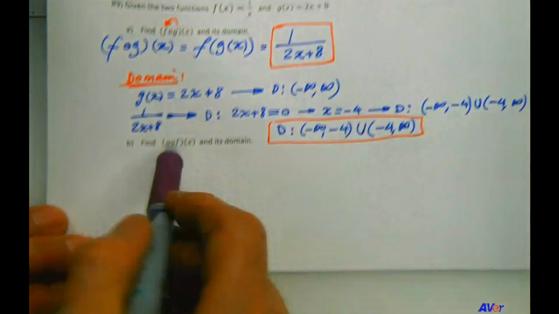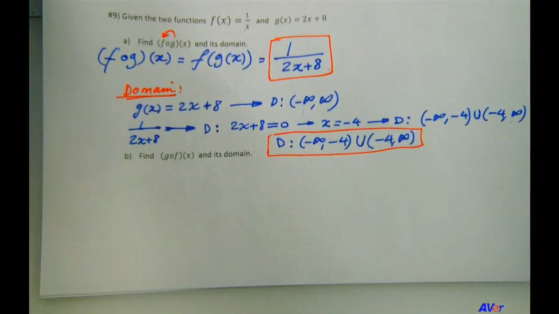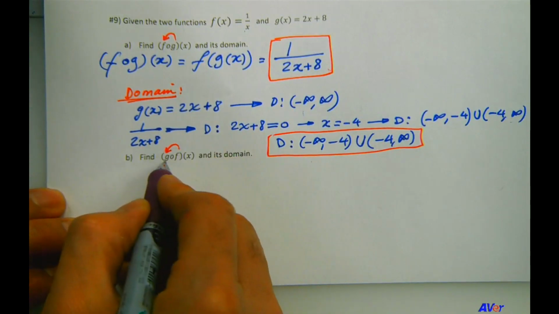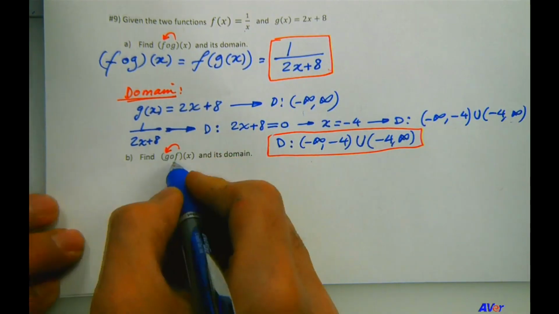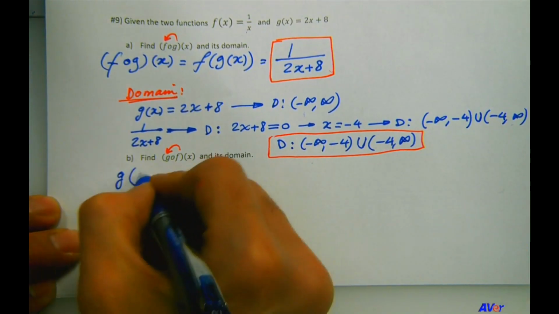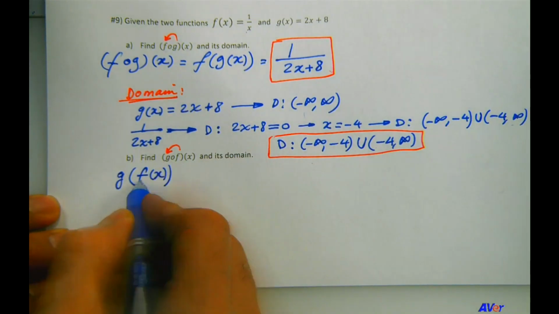Okay. So for the next composite function, this time the second function is f. So f must go inside g. So what we have here is g of f, like that. That's the function we're looking for.